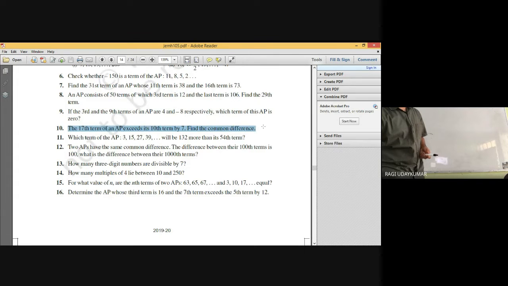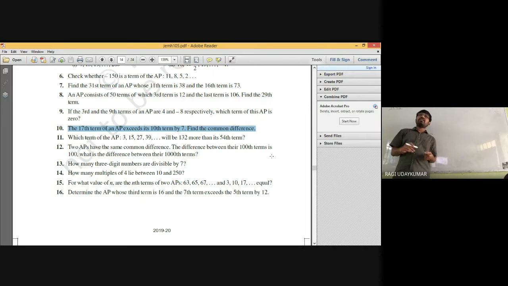The question is given to you. The 17th term of an arithmetic progression exceeds the 10th term by 7. So that is nothing but the difference between the 17th term and the 10th term is 7. Find the common difference.